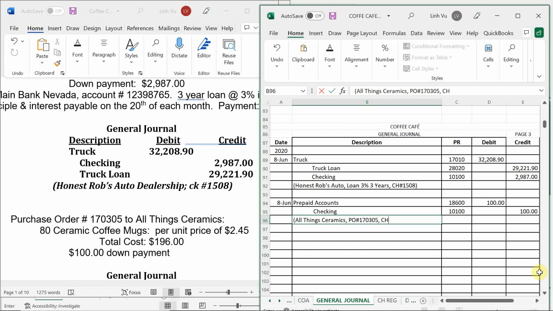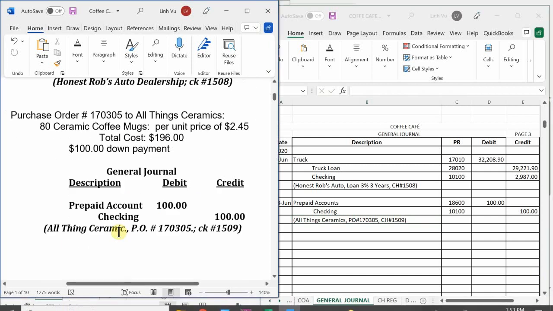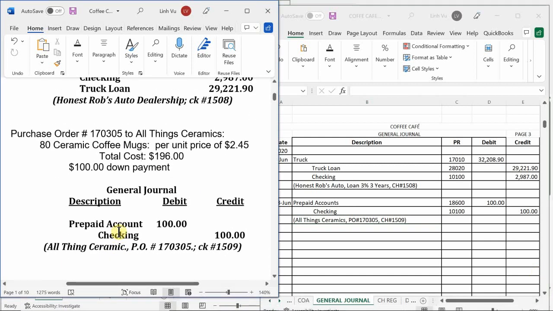Best form of transaction to keep track of it is to have the check number that you wrote. So in this case, 1509. Okay. So now that I have this, again, all the information in your PO should give you pretty much everything that you need to have.